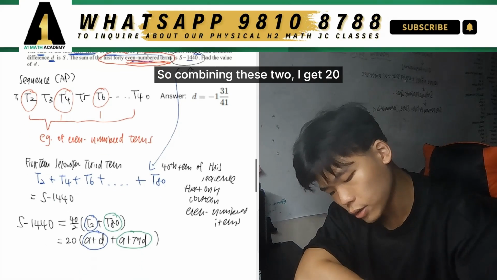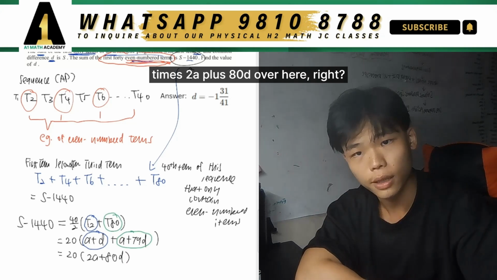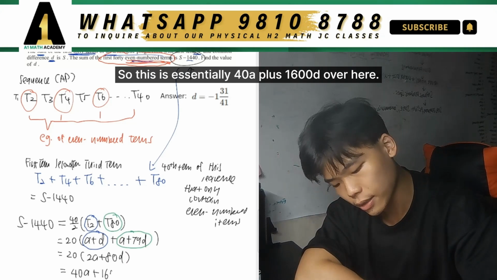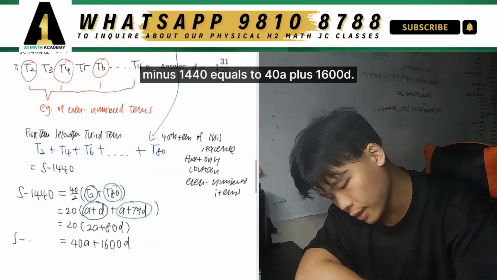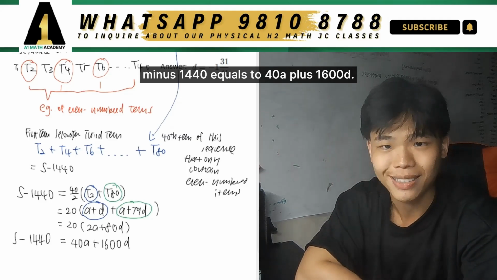So combining these two, I get 20 times (2A plus 80D). So this is essentially 40A plus 1600D. So I get one equation, which is S minus 1440 equals 40A plus 1600D.